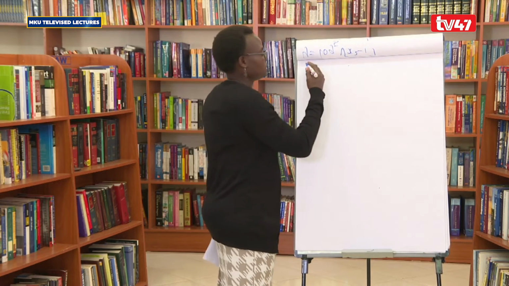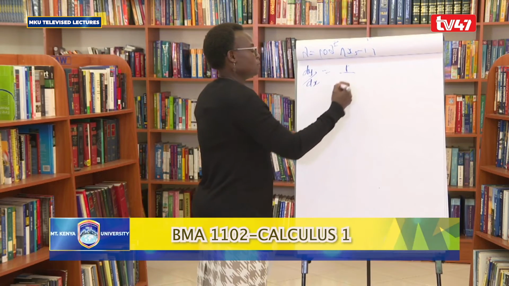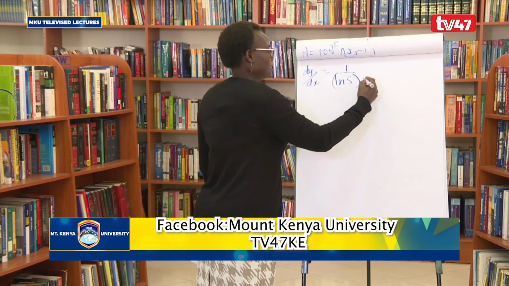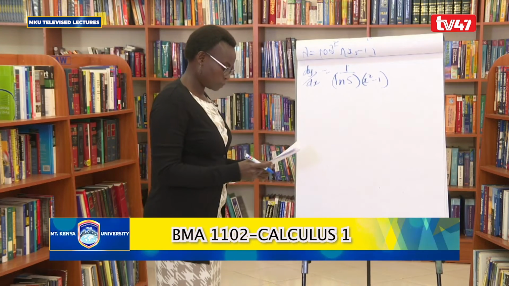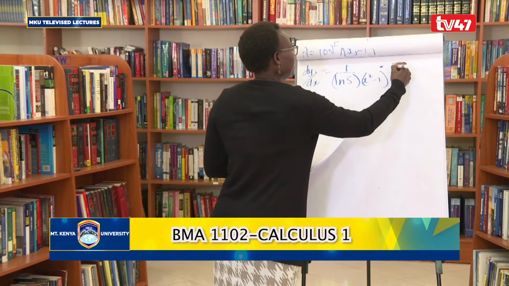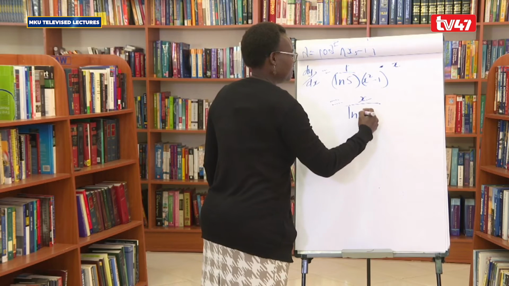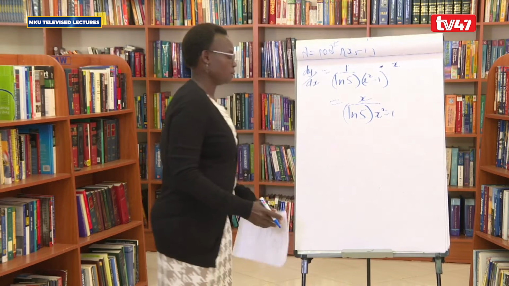So that would give us our dy over dx as 1 over ln 5, and then that would be x squared minus 1, and then what will remain up here will be x. So our answer is basically x over ln 5 times x squared minus 1.